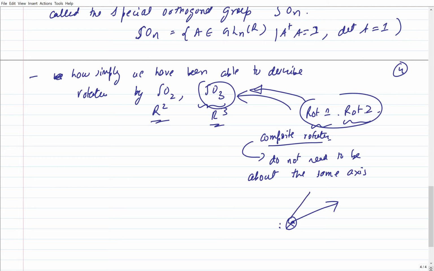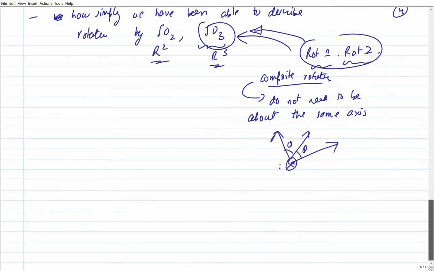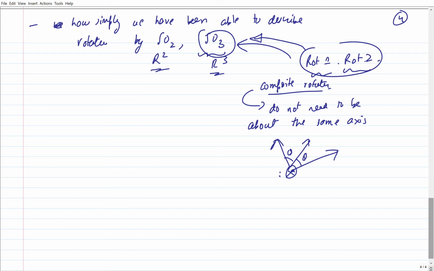So these are two rotations which are composite rotations, and I trivially am able to say that the composite rotation is a rotation about the same axis with an angle 2 theta, but this thing holds for a rotation about any two axes, and it's going to be a rotation. It's a pretty non-trivial observation.